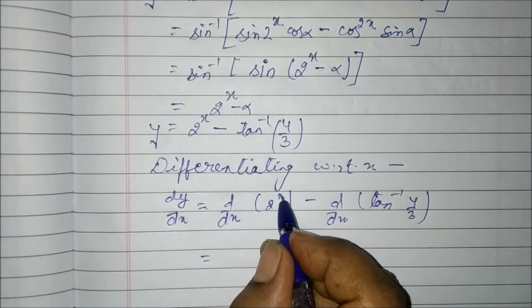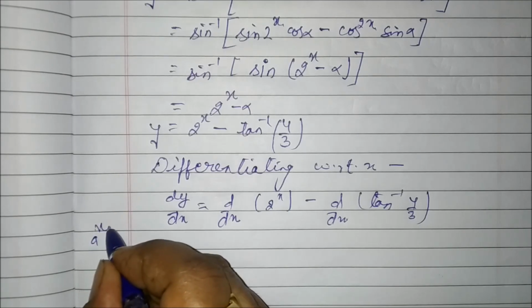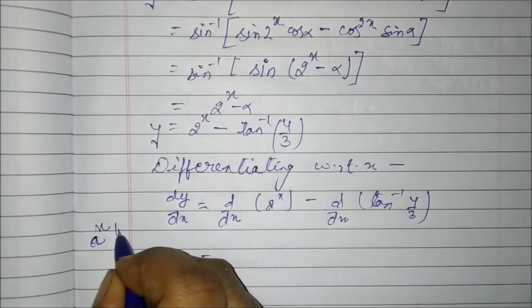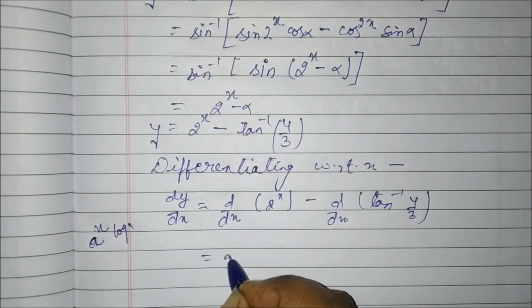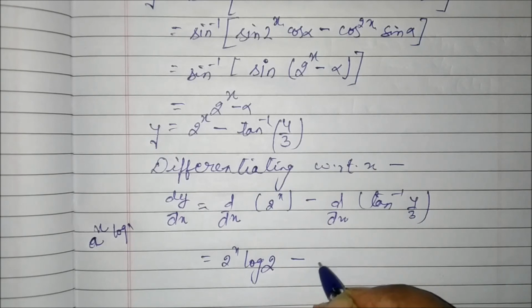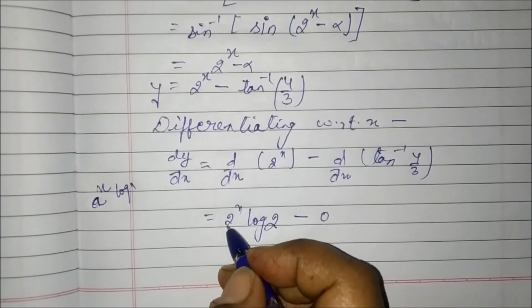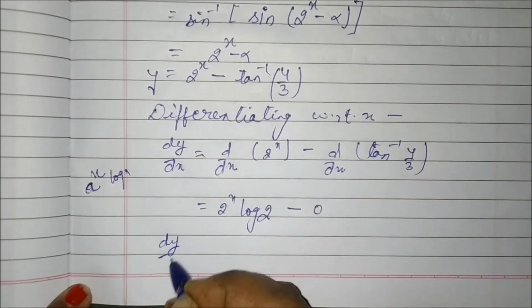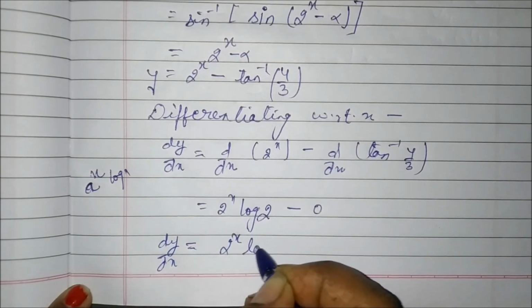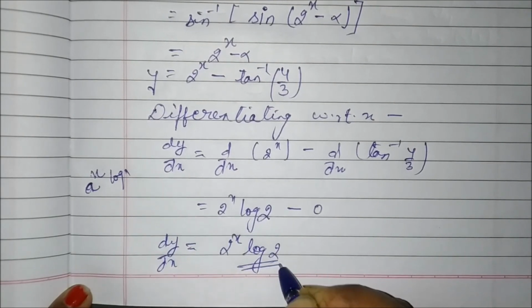The derivative of a raised to x is a raised to x log a, na? So we have 2 raised to x log 2 minus 0. So at last dy by dx equals 2 raised to x log 2.